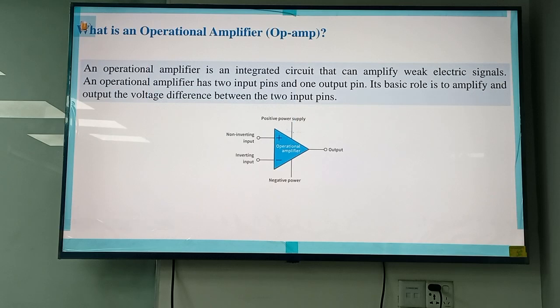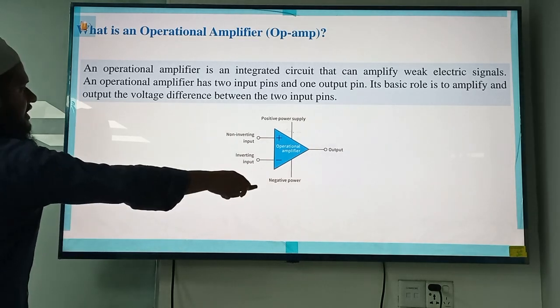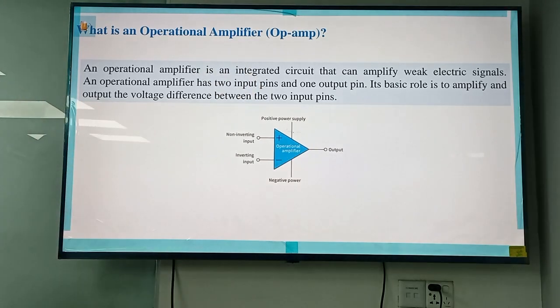Okay. So what is an operational amplifier, or what is an op-amp? An operational amplifier is an integrated circuit that can amplify mixed electric signals. An operational amplifier has two input pins and one output pin. So here you can see there are two input pins and one output pin.